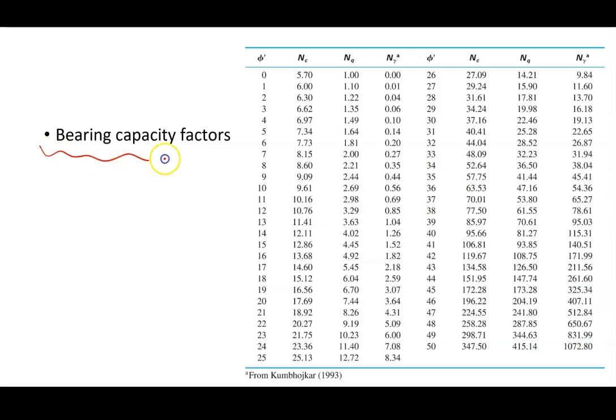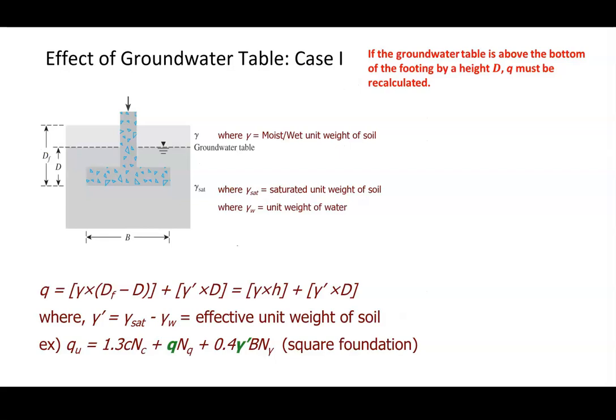Make sure that you have access to the bearing capacity factors table. Use the friction angle provided in the question to find the correct bearing capacity factors for your question. Then we also talked about the cases where we have groundwater table close to the shallow foundation.